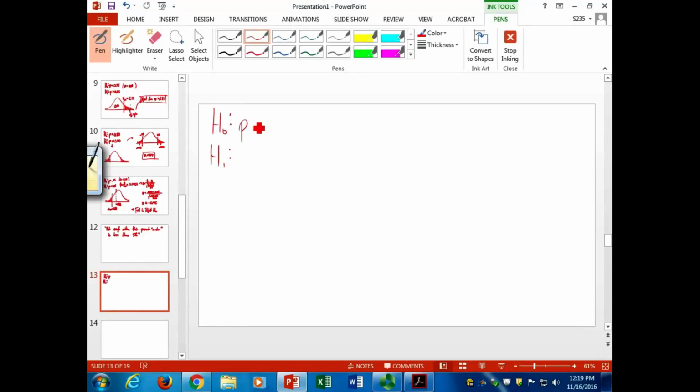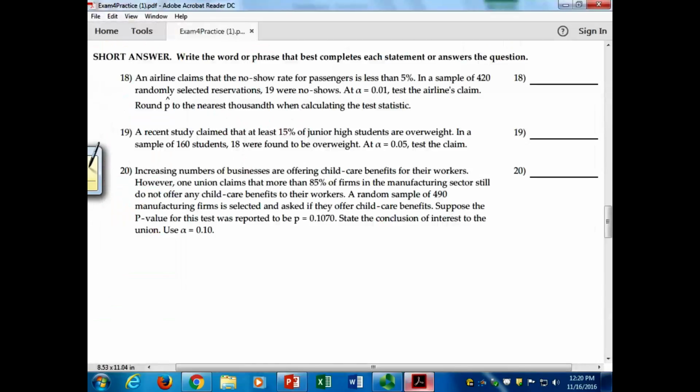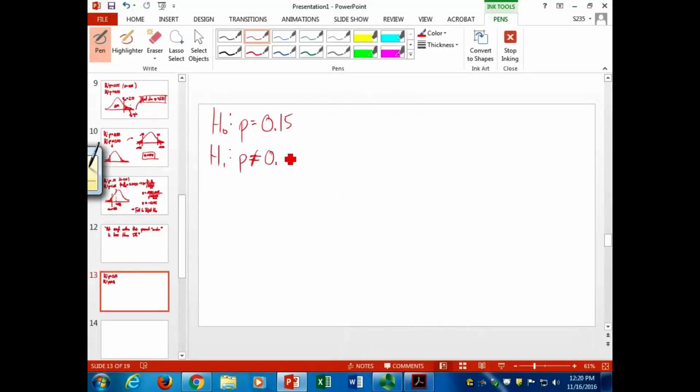That it's not equal to. Yeah, with no other information given in the problem, we should just assume a not equal to alternative. So the claim is 15%, and we're thinking maybe the truth is something other than 15%.